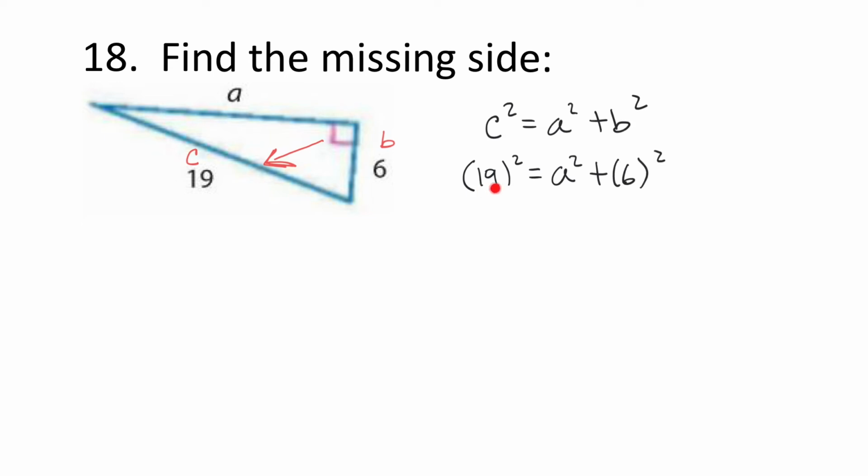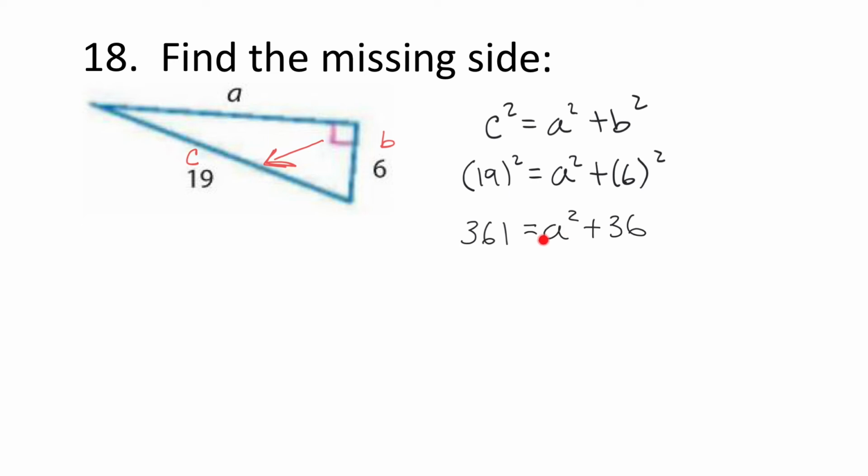Now, 19 squared you can do by hand, but we can also use a calculator. So you square the 19. It is 361 equals A squared plus 6 squared, which is 36. Again, I did use a calculator to find 19 squared, and you will be able to use a calculator for the final.